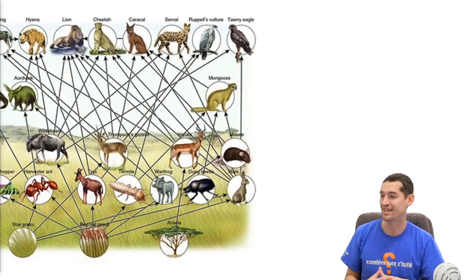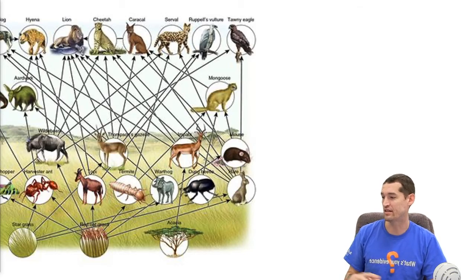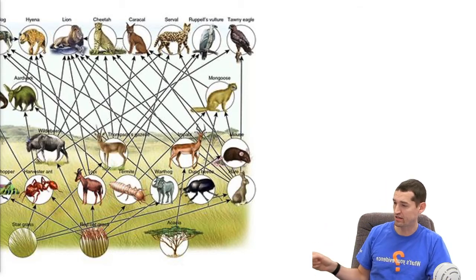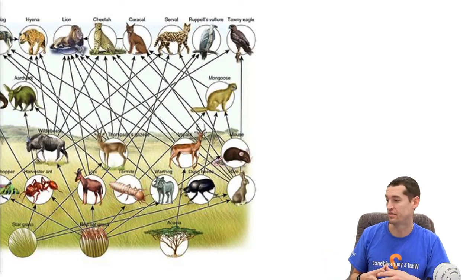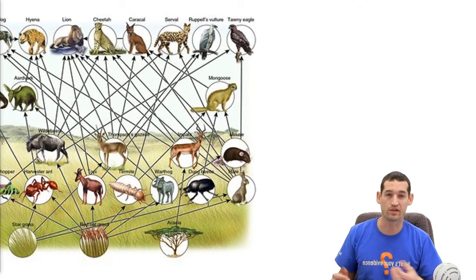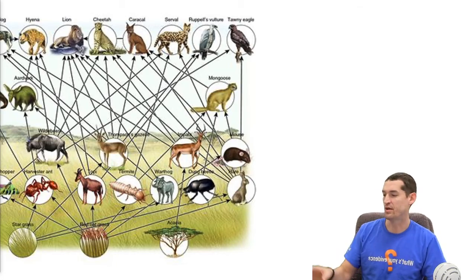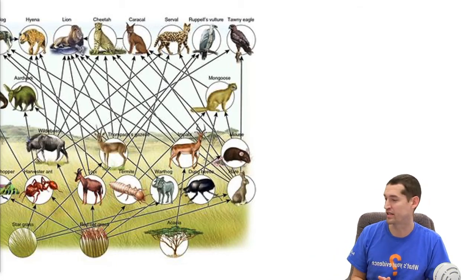If you had one of those connections that was, let's say the acacia tree down at the bottom here, let's say that for some reason its population is endangered or is in trouble. Maybe there's a parasite, maybe there's a fire, something happened, maybe the trees aren't producing like they should.